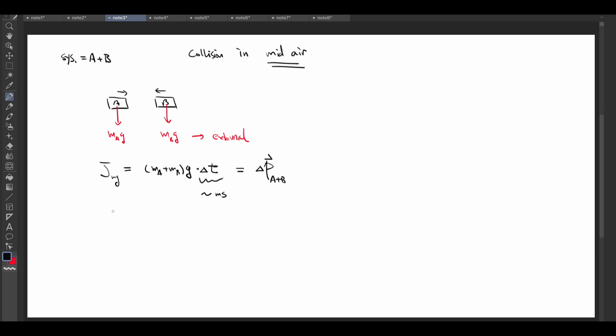Now the normal force between these two objects, during the collision, is much larger than the gravity.